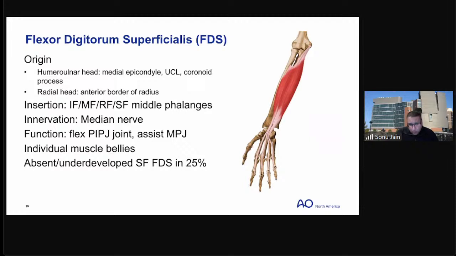So we are talking about Zone 2 injuries today. Just want to know the anatomy of your flexor digitorum superficialis, origin and insertion, primarily flexing your PIP joint and assisting the MP joint. And be aware that the small finger FDS is absent or underdeveloped in about 25% of the population.